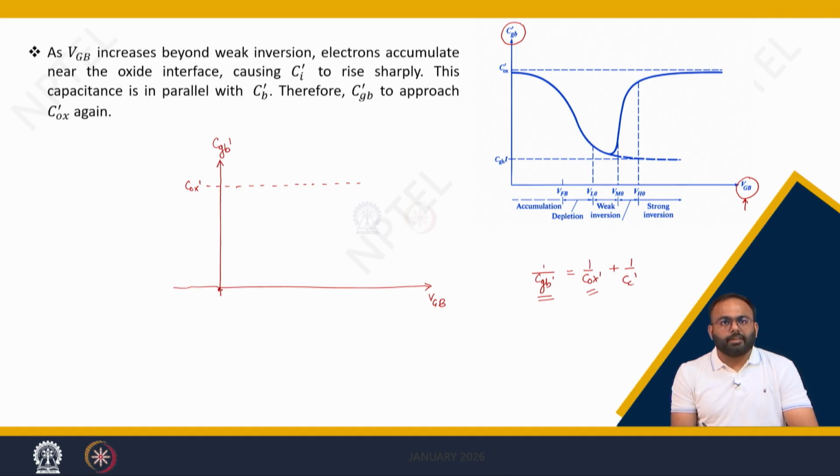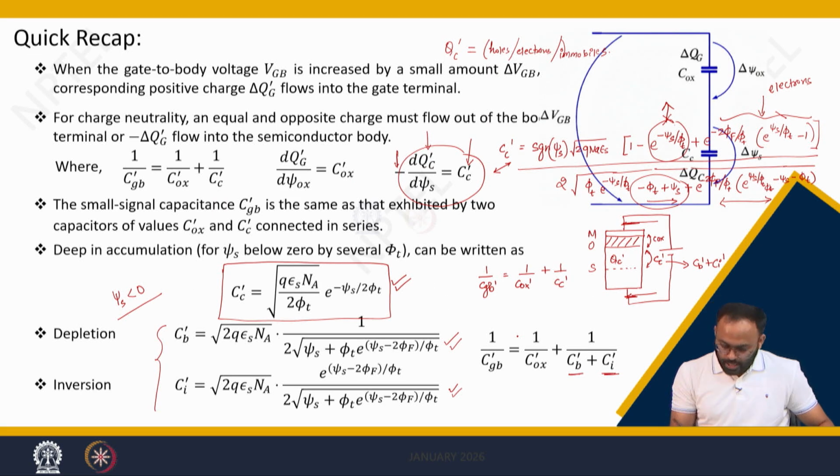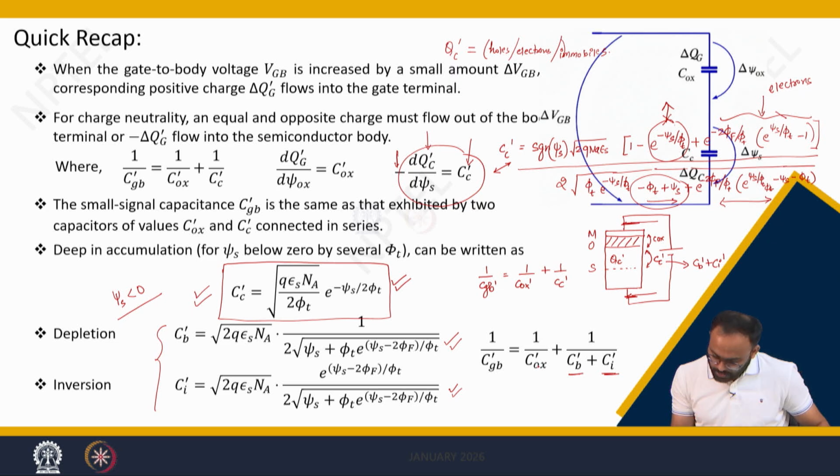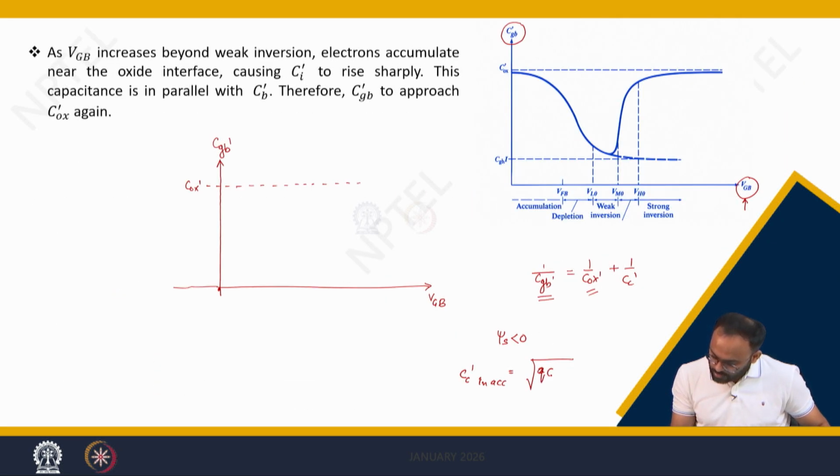If VGB is negative, then surface potential is negative, and we have just seen that CC dash in accumulation can be given by the square root of Q into epsilon S into Na divided by 2 times phi t, e to the power of minus psi s by 2 phi t. So, it is an exponential dependency with respect to surface potential.